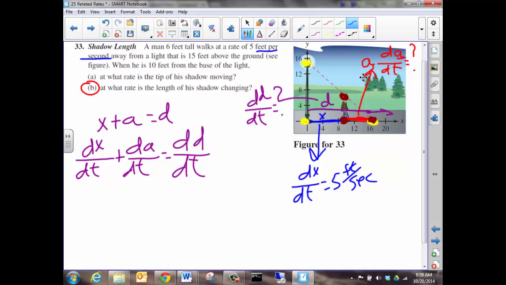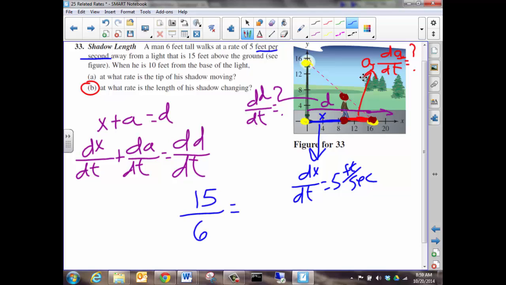What do we know about the height of the yellow triangle? It's 15. Is it changing? So it's always 15. It's okay to put that down. What do we know about the height of the other little black triangle? 6. Is it changing?